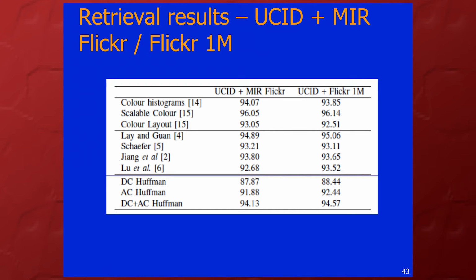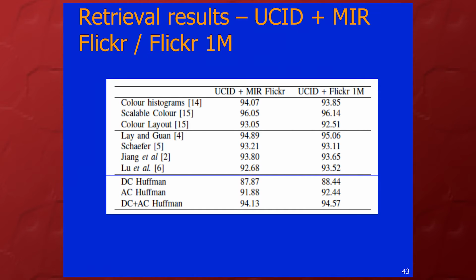And we see that it scales very, very well. In fact, it scales better than most of the other techniques. Ours went up, and some of the others actually go down in terms of retrieval performance. And I haven't got it in this table here, but we still have, of course, the same kind of thing in terms of retrieval time.